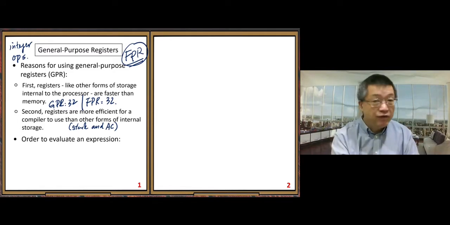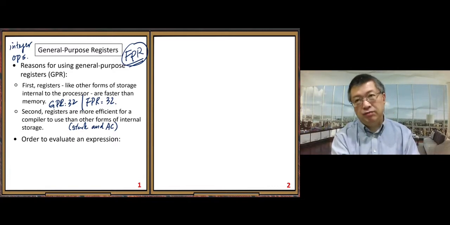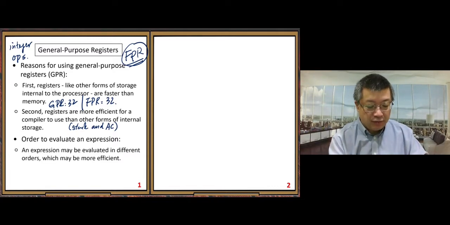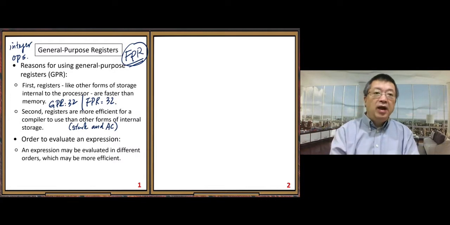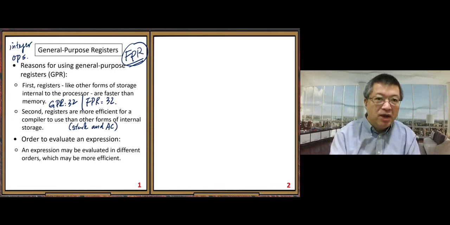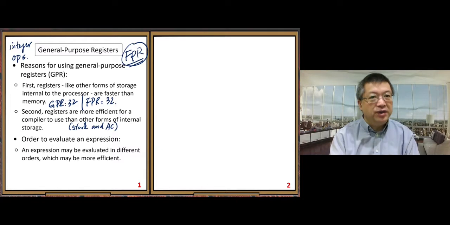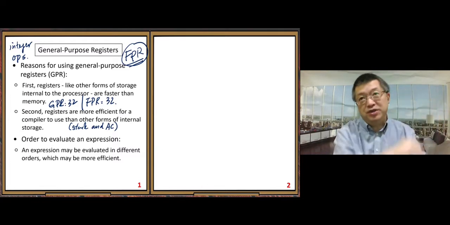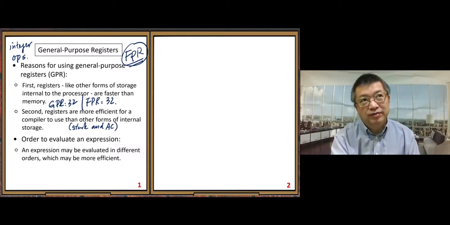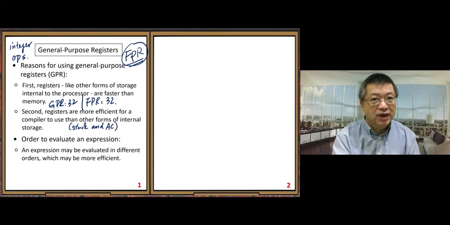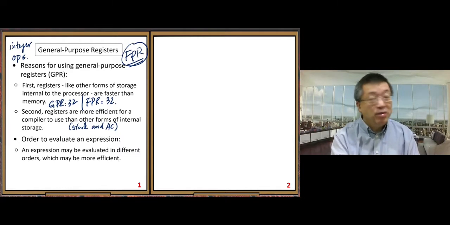If you do not have the freedom, then you may not be able to make the operation faster. So that's the reason. An expression may be evaluated in different orders when you use registers, which may be more efficient.